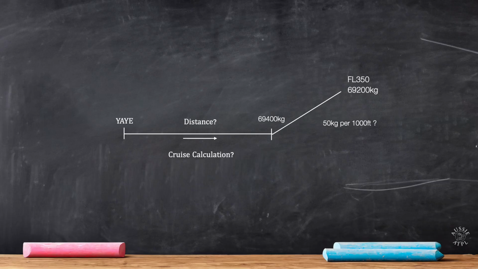To know how much fuel we need to burn, we take our start of zone gross weight here of 76,400 and take away 69,400 gives us 7,000 kilos. That's how much fuel we have to burn during our cruise between Ayers Rock and the start of the climb to get down to our required gross weight to begin the climb.